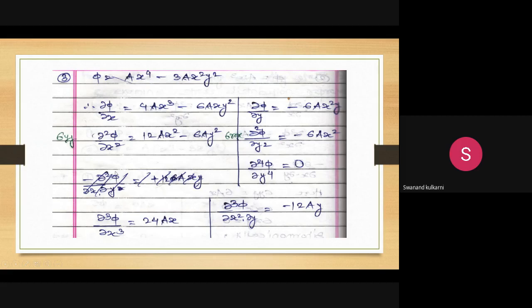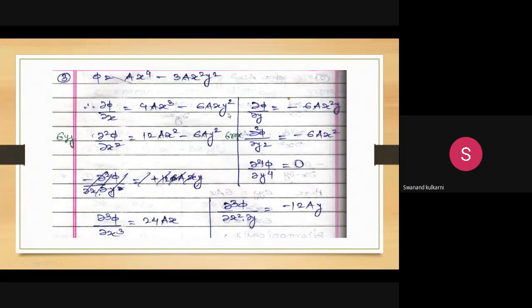Now let us check ∂⁴φ/∂x⁴, what value comes. For that purpose, once again differentiate ∂²φ/∂x² with respect to x. So ∂³φ/∂x³ will be the third differentiation.